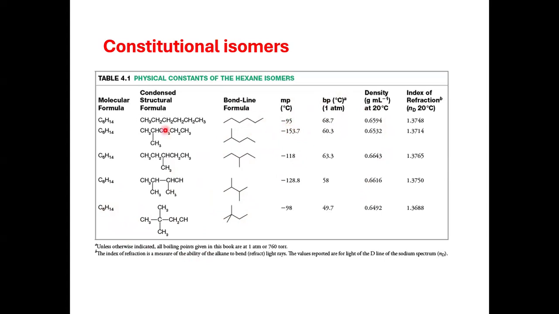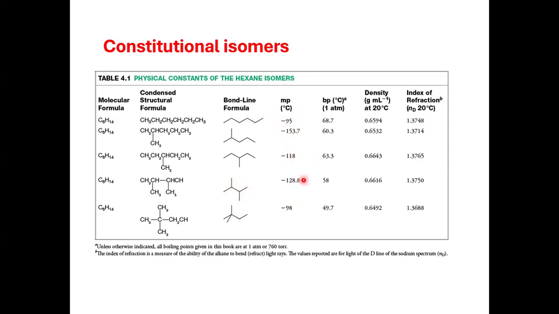For example, straight chain hydrocarbons have a higher boiling point compared to highly branched hydrocarbons. The density is also higher for an unbranched hydrocarbon than a branched one. The same goes for the refractive index and the melting point.